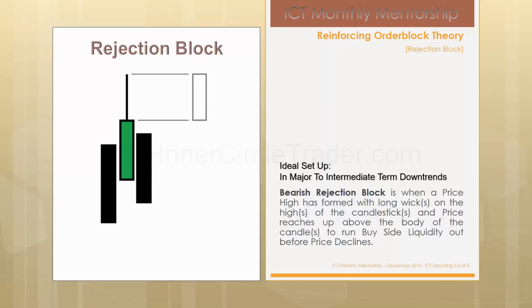So once we have the rejection block defined by the highest wick's high and the highest open or close in the swing high, in your mind, you should be viewing it like we have here: a candle all in of itself. This range is going to be a selling block. In other words, we treat this as a bearish order block.